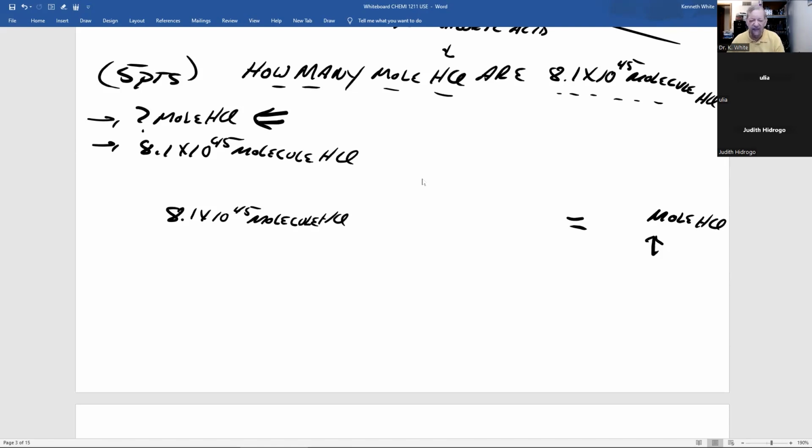Now, if we had a conversion ratio, something divided by something, and again, I'm doing this stepwise, what units do you want on top of the ratio? Not numbers, just units. And what units do you want underneath the ratio? Your turn.